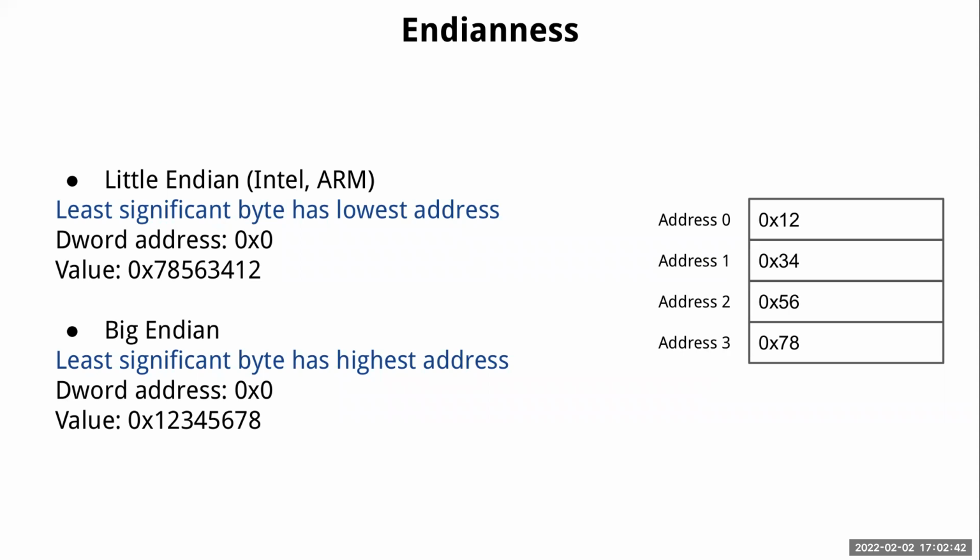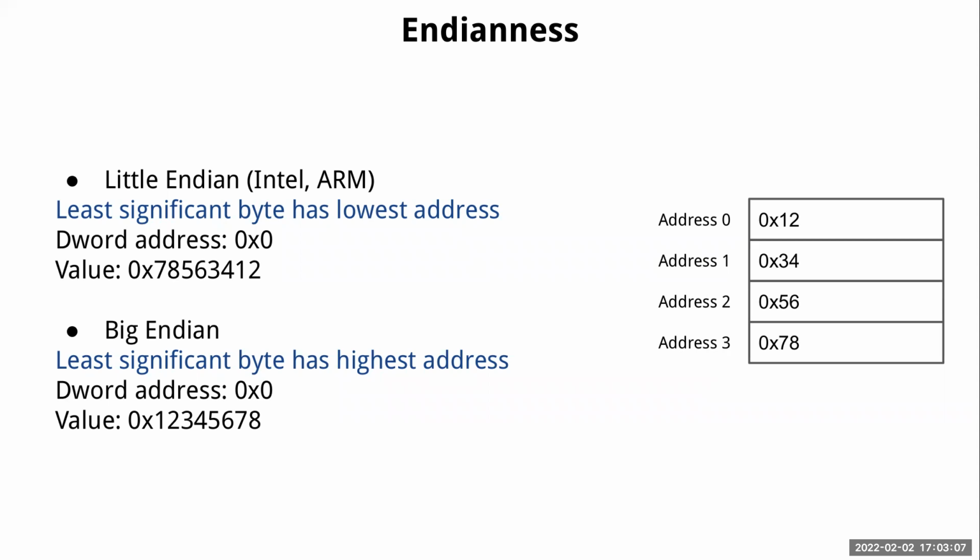Obviously address 3 is a high address, and 0 is a low address. If this system is a little endian system, like the one you are given, then at address 0, the value is the least significant byte.